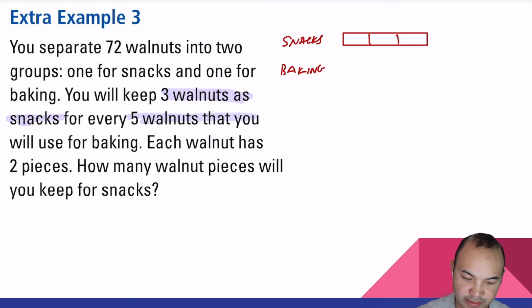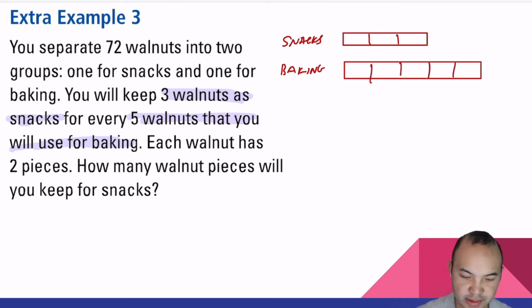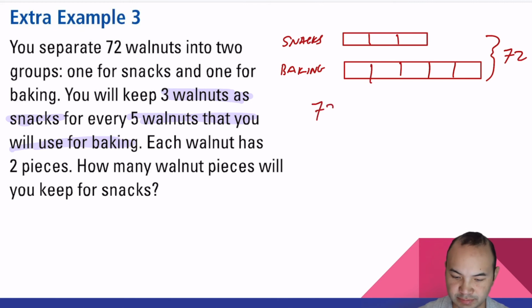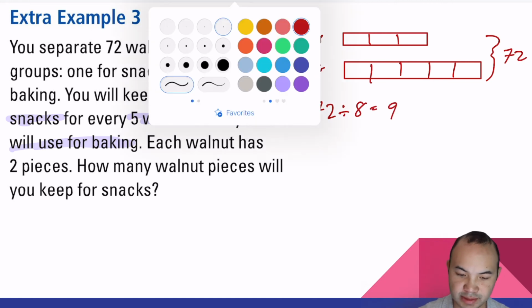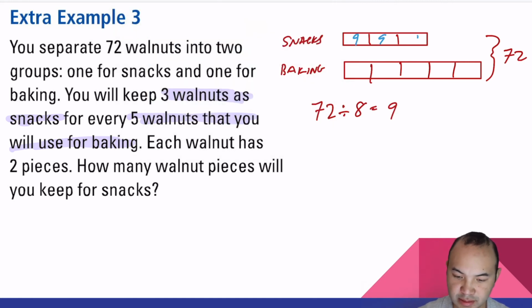And every 5 walnuts that you will use is for baking. So I'm going to make 5. There are 72 walnuts total. This is 72. Okay, so let's see. How do I find out how much each box is worth? I do 72 divided by 8, which equals 9. That means each of these boxes are worth 9.